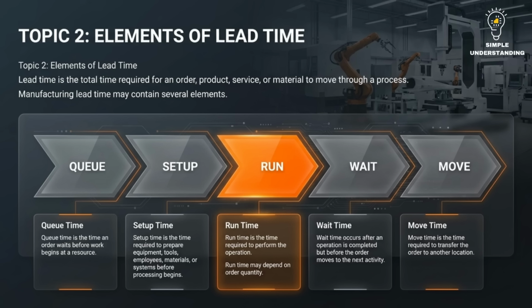Setup time is the time required to prepare equipment, tools, employees, materials, or systems before processing begins. Runtime. Runtime is the time required to perform the operation. Runtime may depend on order quantity. Wait time. Wait time occurs after an operation is completed but before the order moves to the next activity. Move time. Move time is the time required to transfer the order to another location.